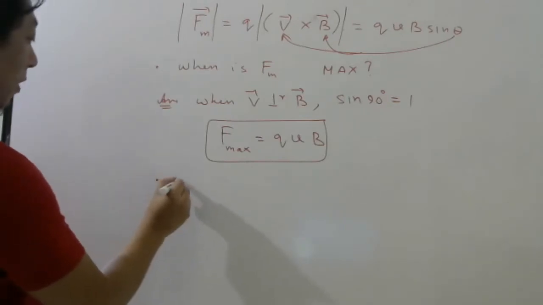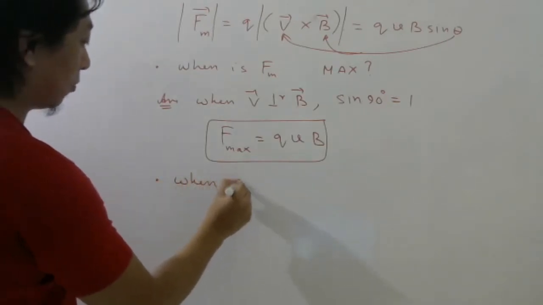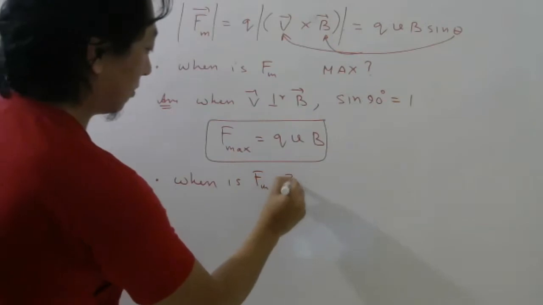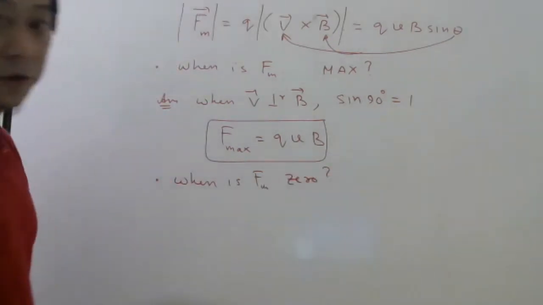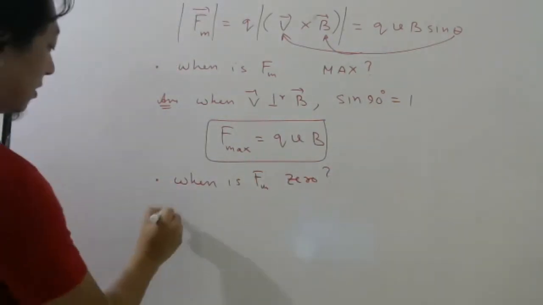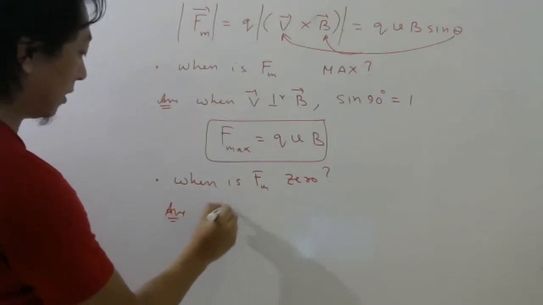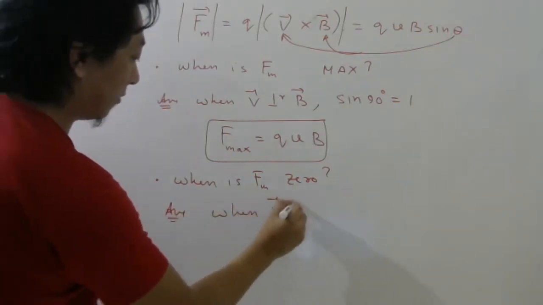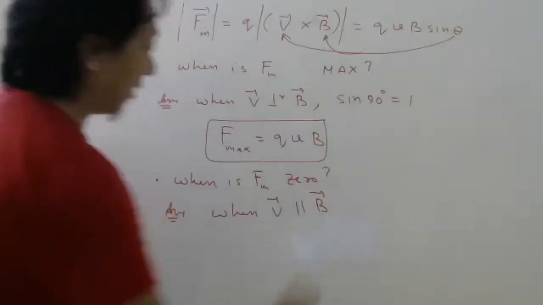Then they may ask, when is magnetic force 0? The answer is when the velocity vector is parallel to the magnetic field.